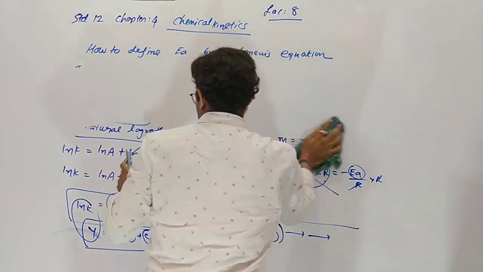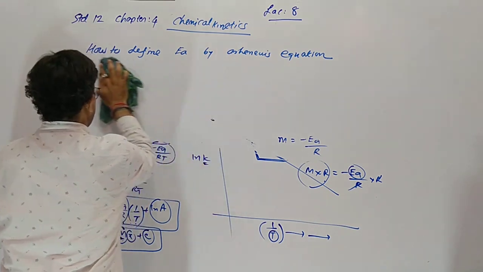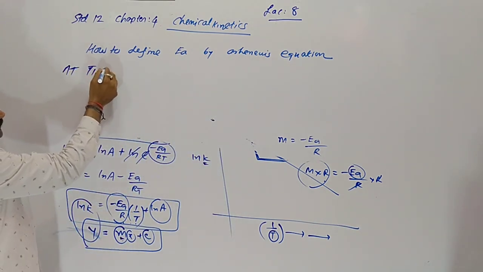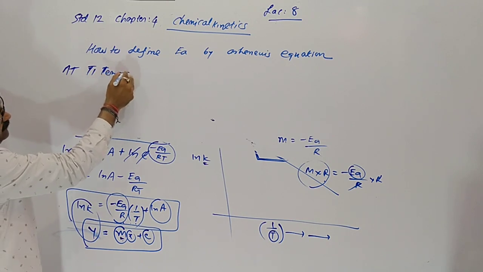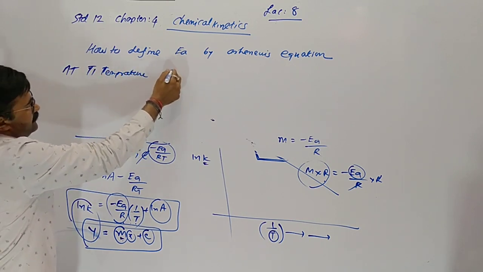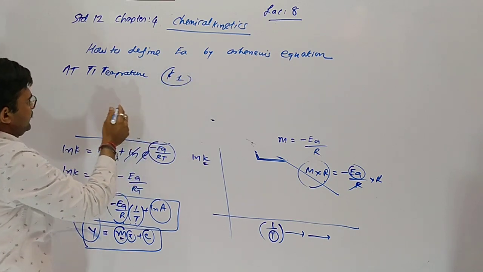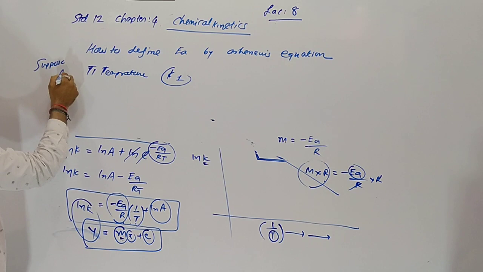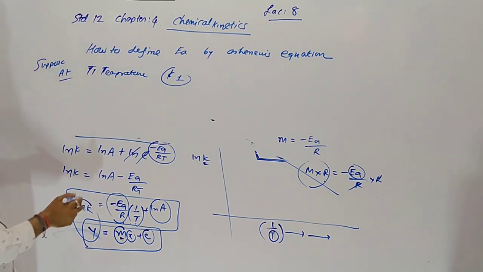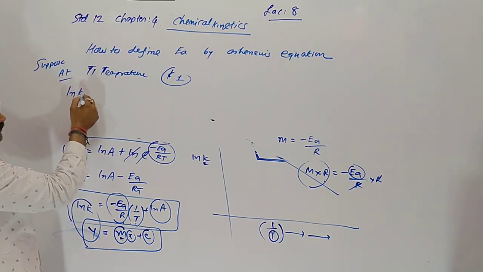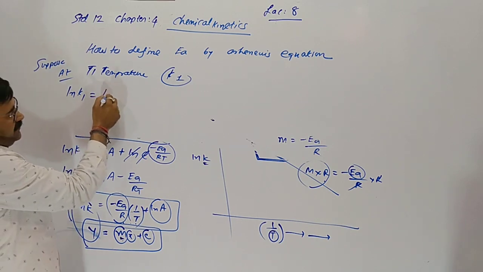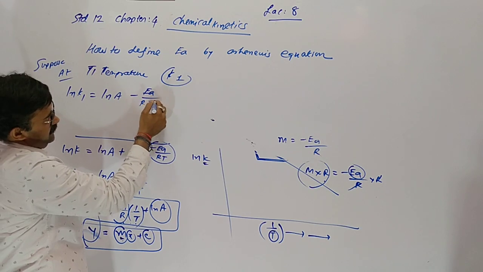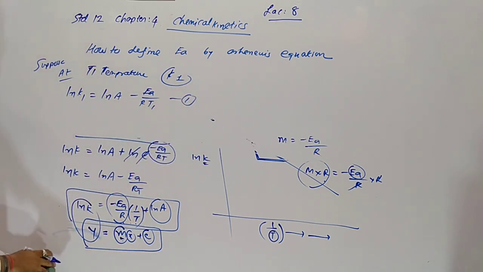At temperature T1, suppose the rate constant is k1. So ln k1 is equal to ln A minus Ea upon RT1, equation 1.